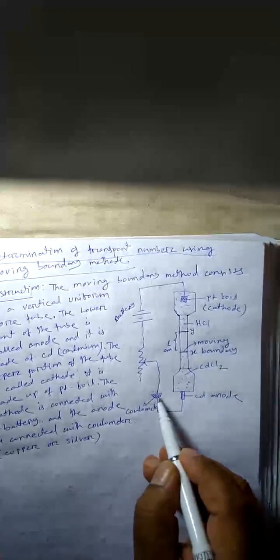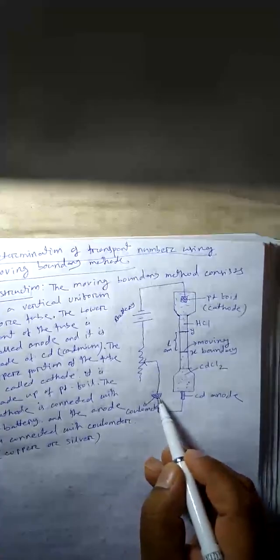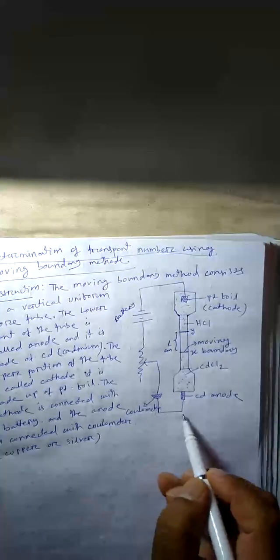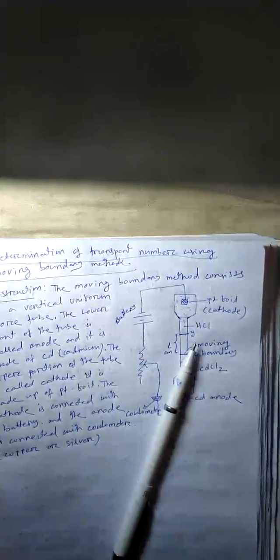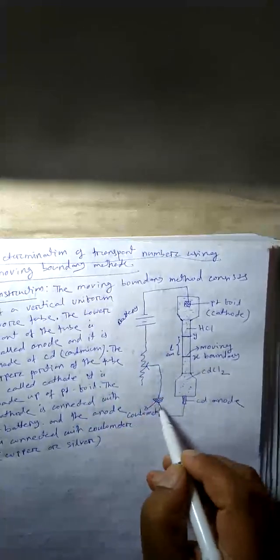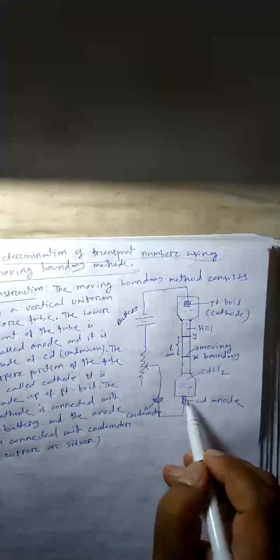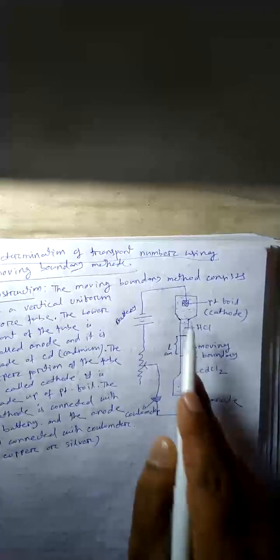This coulometer will tell you the total amount of current passed through the tube, through the anode and cathode.